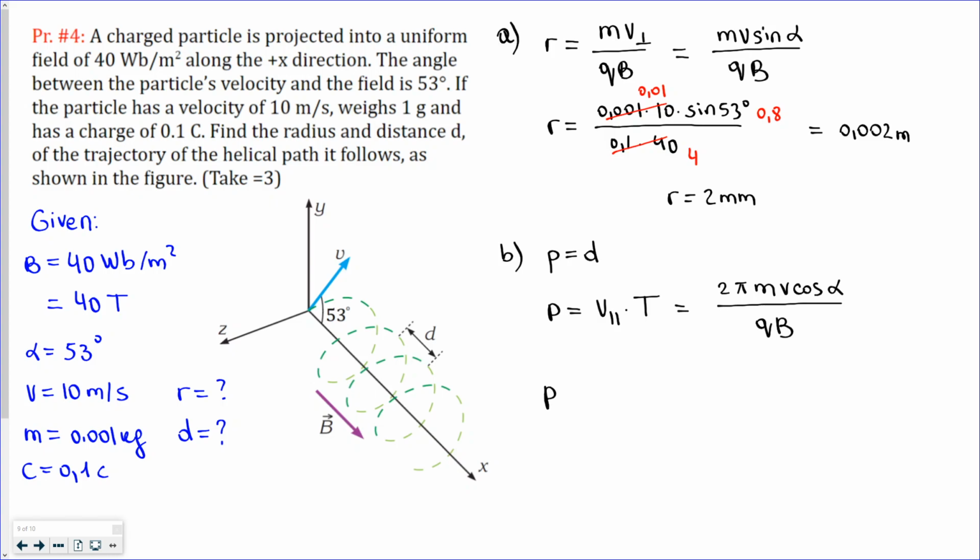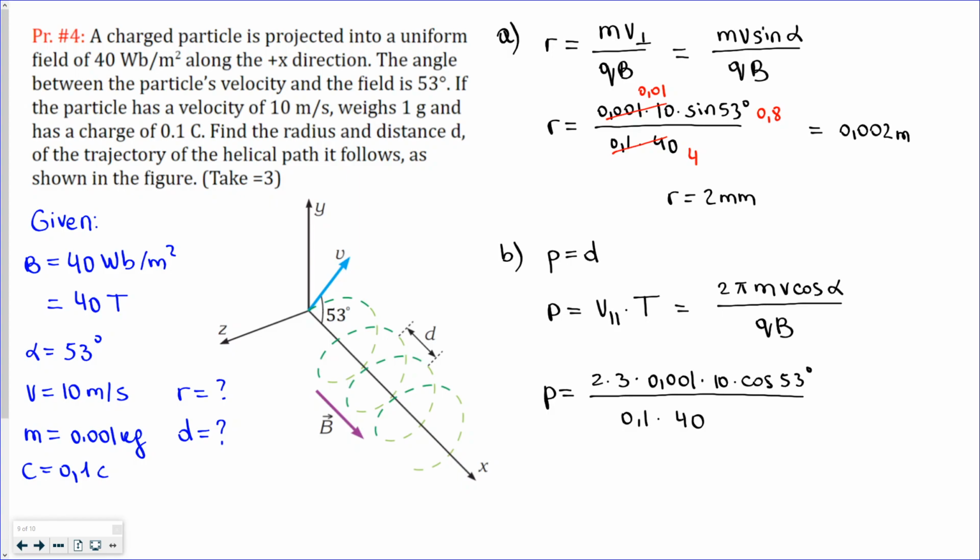Now let's put in the numbers. 2 pi I'll take as 3, so 2 times 3, and mass is 0.01 kilogram, 1 gram, times 10, and cosine 53, over charge 0.1, and the magnetic field strength is 40.